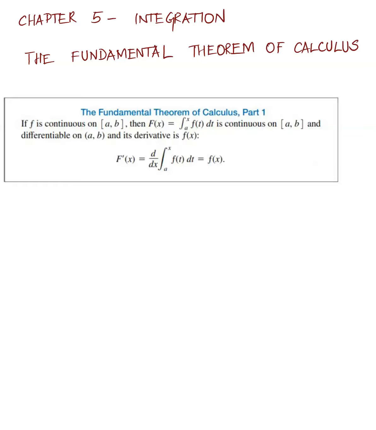So if capital F of x is the integration, then if we took the derivative of the integration, that is what this means. The integration is capital F of x and the derivative is F prime of x, which is indicated here, d over dx. You take the derivative of the integral. It's as if the derivative and the integral cancelled each other's effects, giving us the original function f of x.